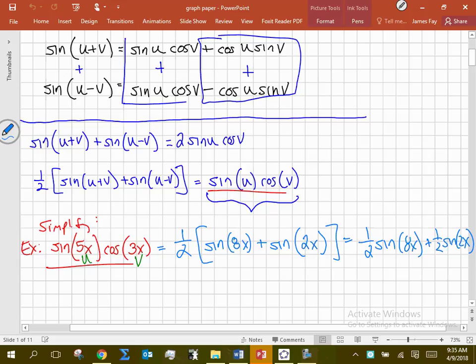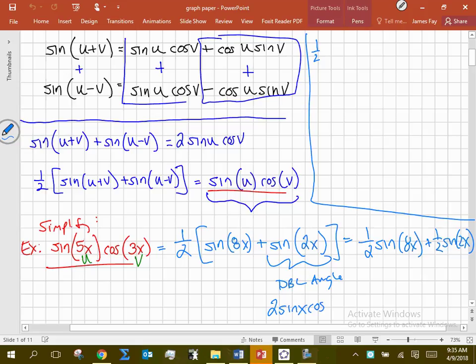Absolutely. If I start with, I'm just going to write it this way real quick. All right, let's start. Is this a double angle? So can I rewrite this now as 2 sine x cosine x? That's what a double angle formula does, right?